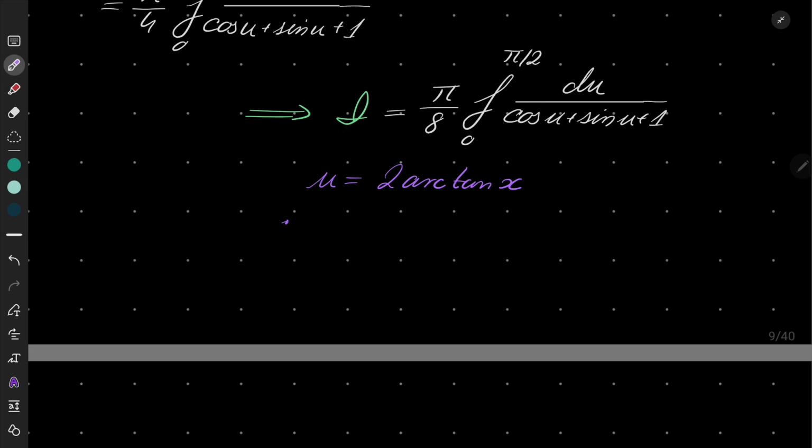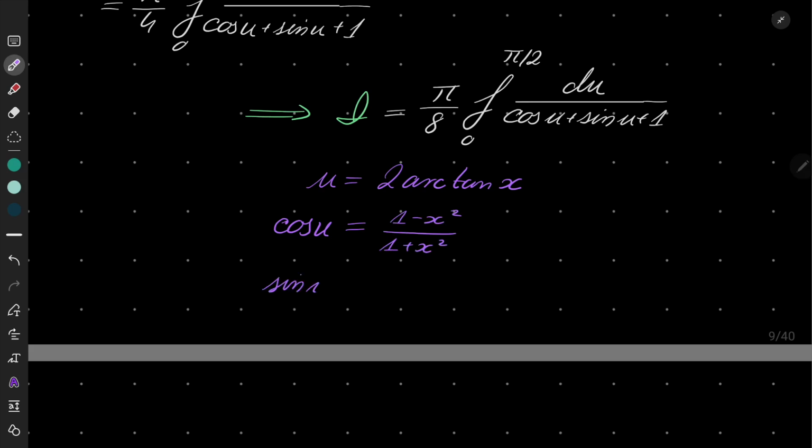Well, it can be verified that cosine, I don't wish to do it because it has been done multiple times and I don't feel like reinventing the wheel. So cosine is (1 minus x squared) over (1 plus x squared).